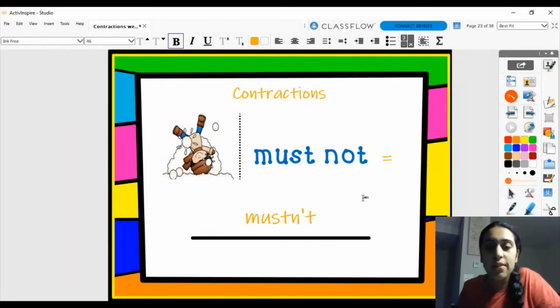Yeah, it does. But here we have the contraction mustn't, okay? And that sounds very strange too, but it is what it is. So the pair must not, contraction mustn't. And people do use this word. So if this is a word that you want to start using, go for it.